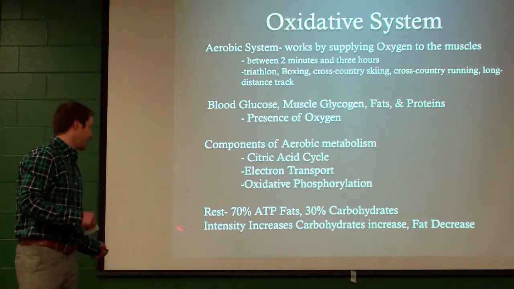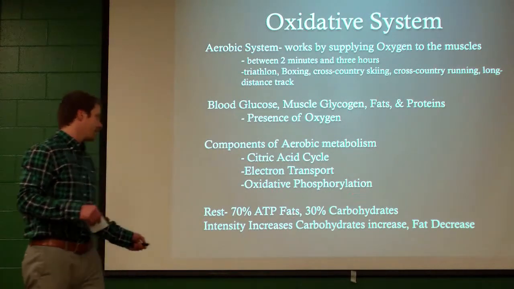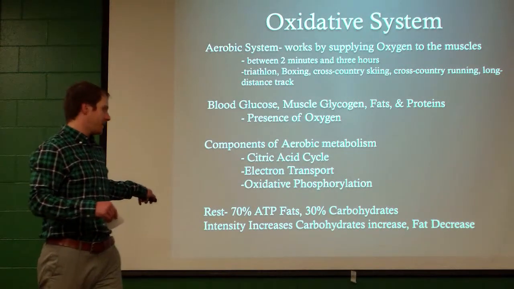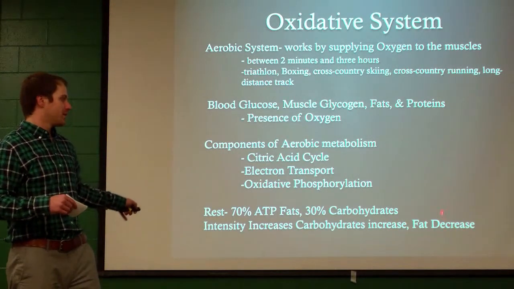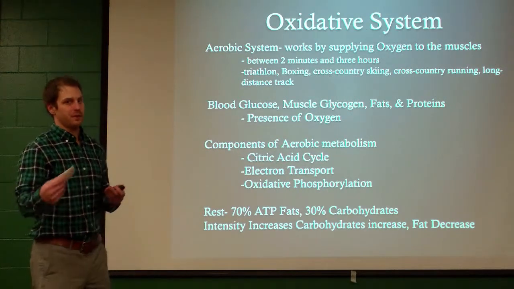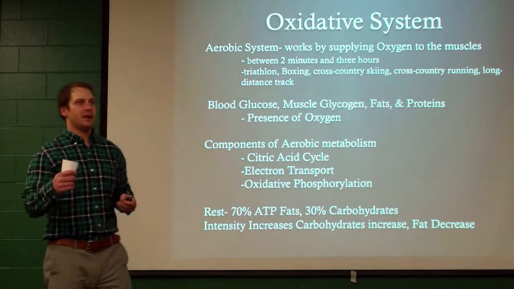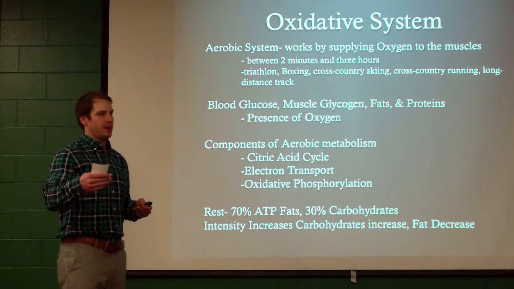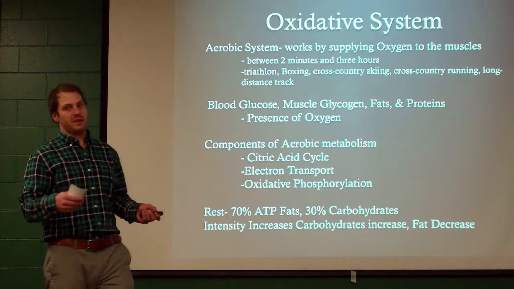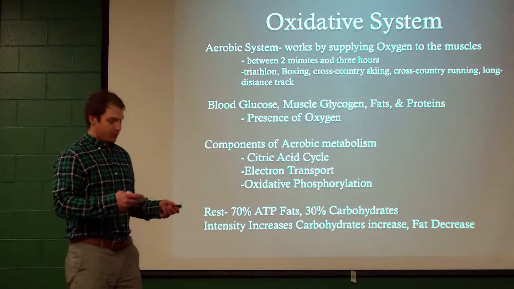As you can see down here, at rest, 70% of ATP comes from fats and 30% from carbohydrates. And as intensity increases, the use of carbohydrates will increase and fats will decrease. So it really just depends on intensity and duration for what macronutrient you are using to produce energy for the oxidative system. And as we go further in duration of activity and these stores of glycogen decrease, we'll dip into protein and get energy from protein.